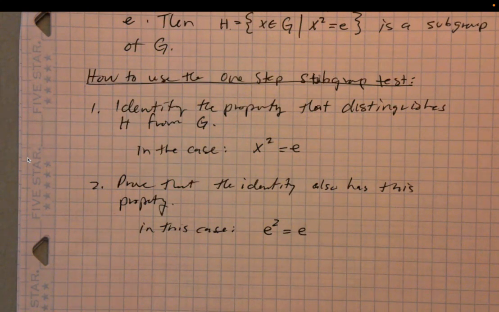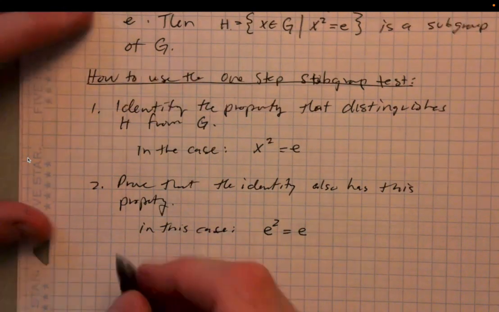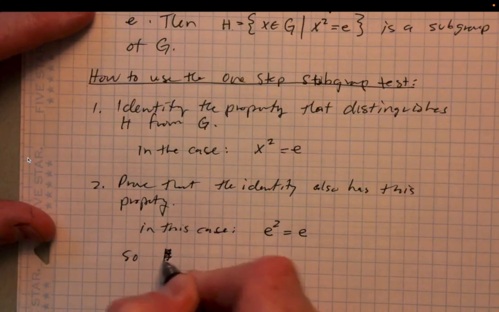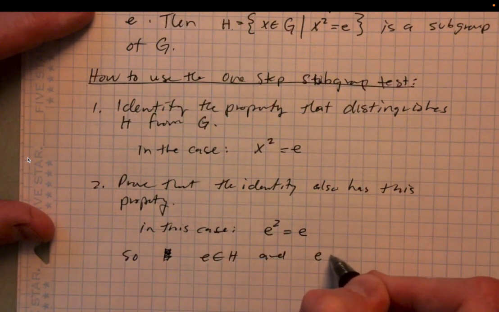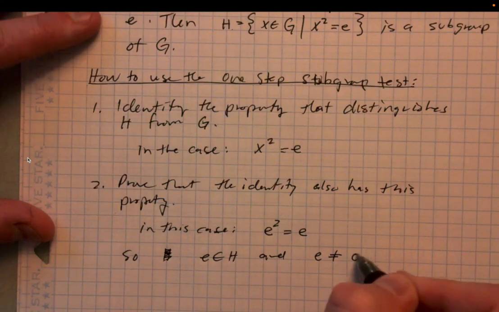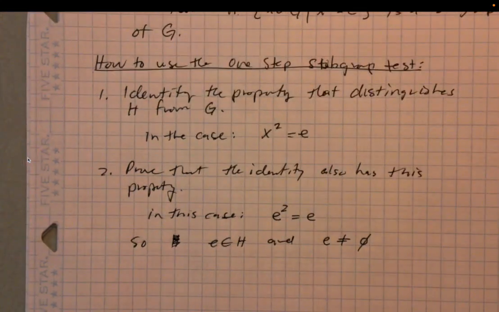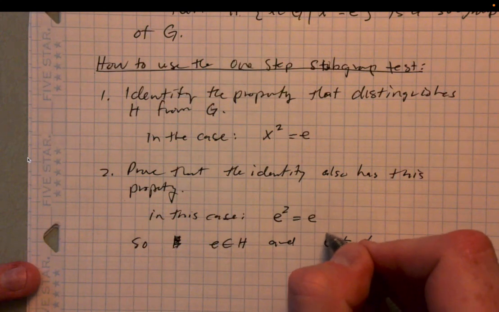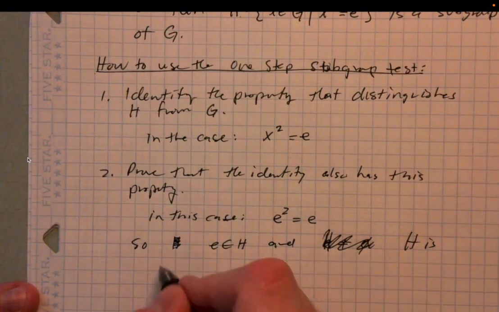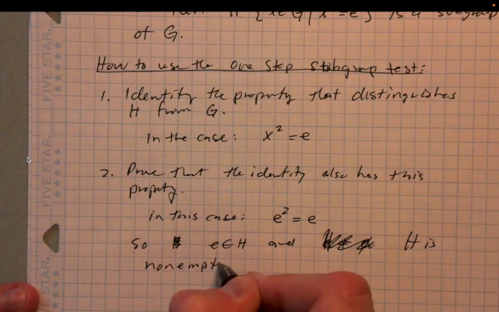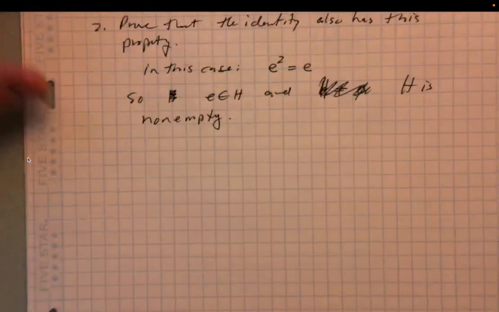So that's obvious. And so that's going to tell you that, first of all, the subgroup contains the identity. And second of all, it's going to tell you that the subgroup is not empty. Well, so E is in H, and therefore H is not empty. Sorry about that. H is non-empty.